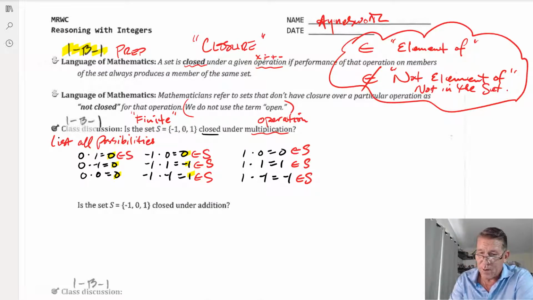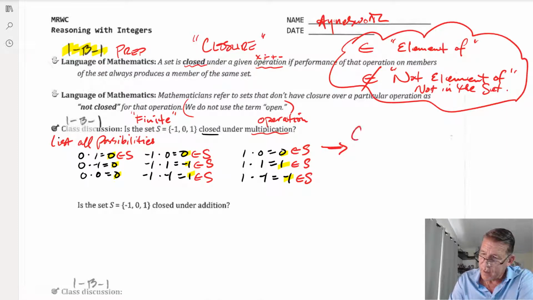And since all the results that I've highlighted are in the set S, that means the set is closed, because I didn't multiply something and get a number outside the set. Anytime I multiply two numbers from the set, I get a result that's in the set, which means it's closed.